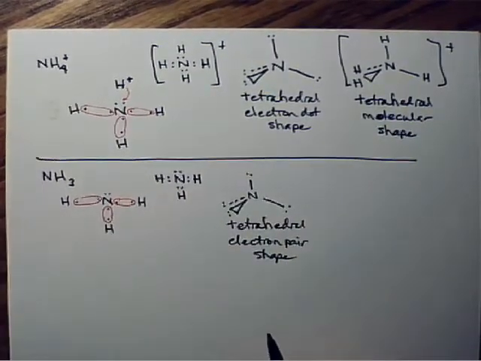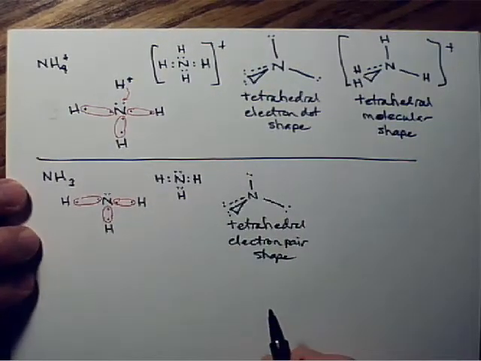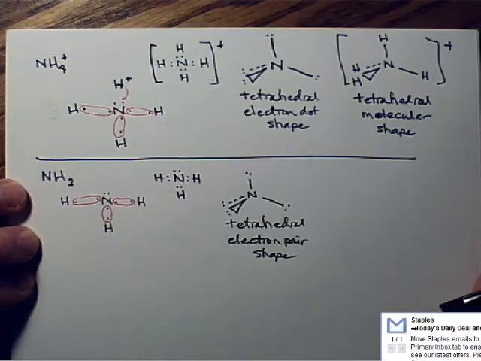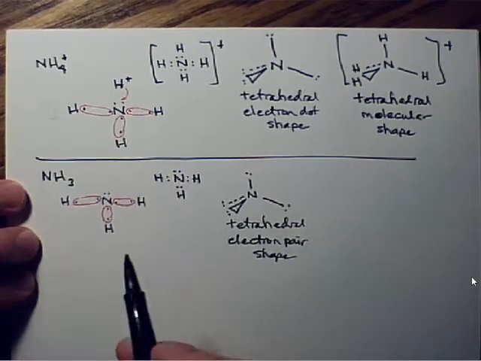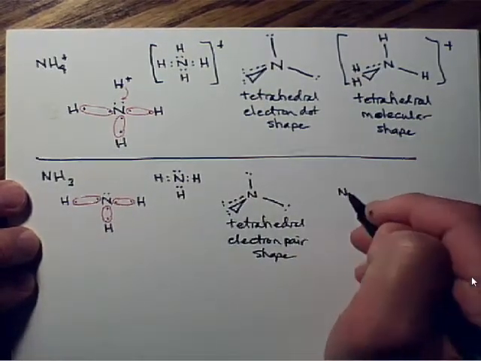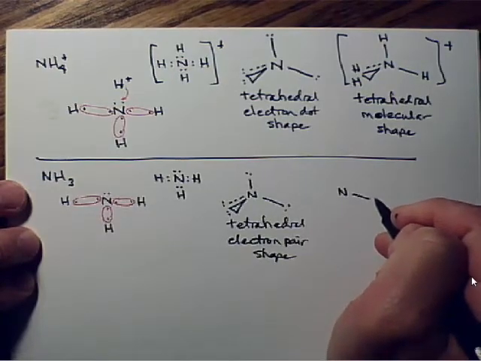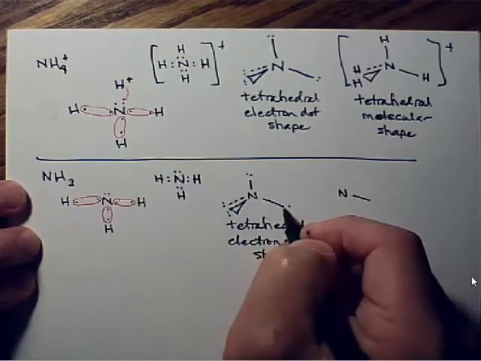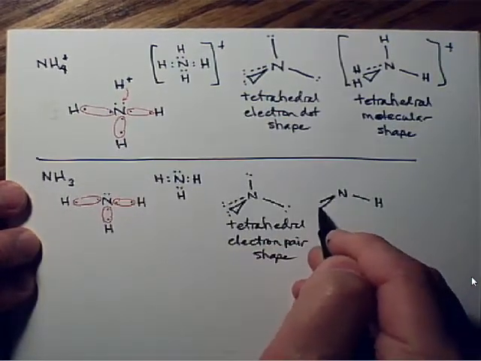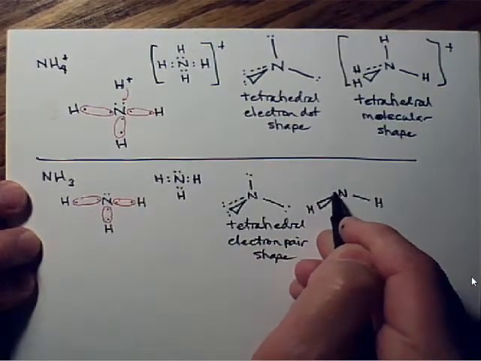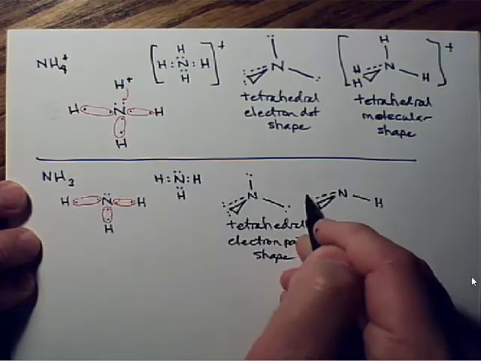All right. The next step then is to replace all the sets of electrons that are shared with the atoms they're shared with. So I'm going to share this pair here. I'm going to share this pair here. I'm going to share the pair back here in the back.